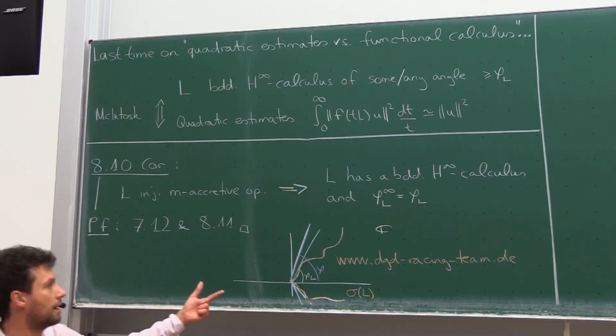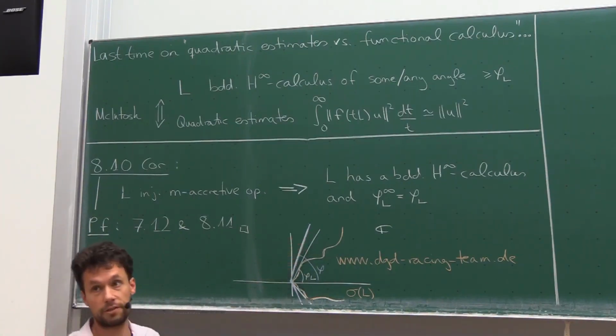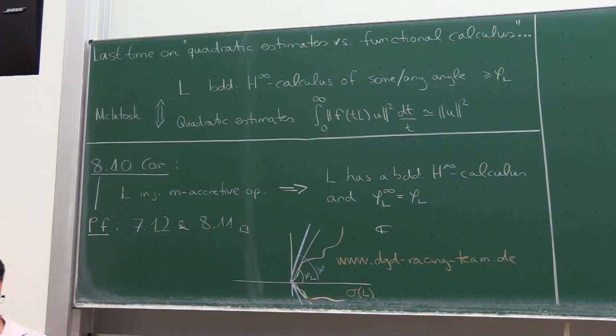Then I can take H-infinity functions on that sector, and there's an H-infinity calculus for holomorphic functions on that sector that gives you a bounded algebra homomorphism and so on and so forth. But the way that you get that is by this two-step procedure.